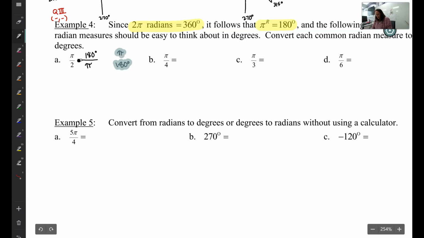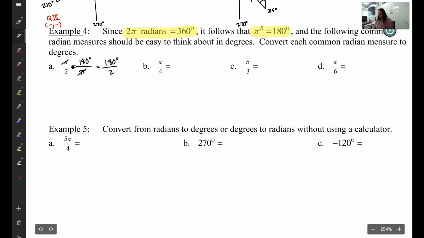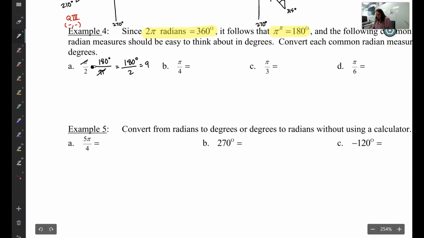Now here's why I chose that. Because I want my pi's to cancel. If I have a pi on top and a pi on bottom, then they cancel. So I'm left with 180 degrees divided by 2, which is 90 degrees. So pi halves radians is equivalent to 90 degrees.